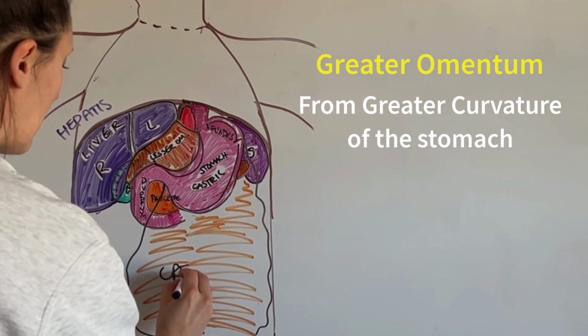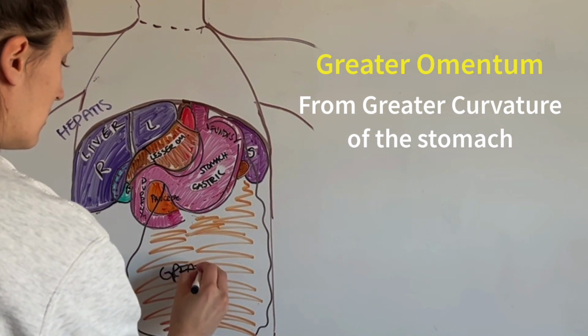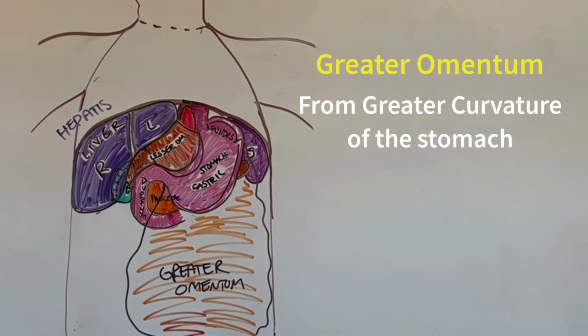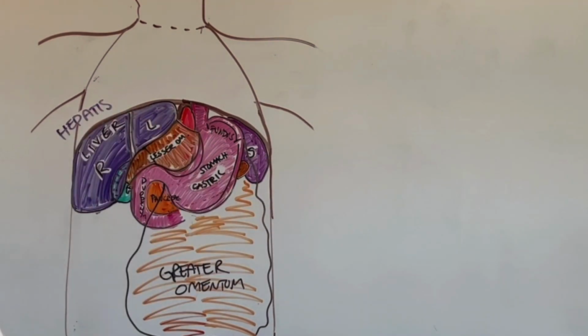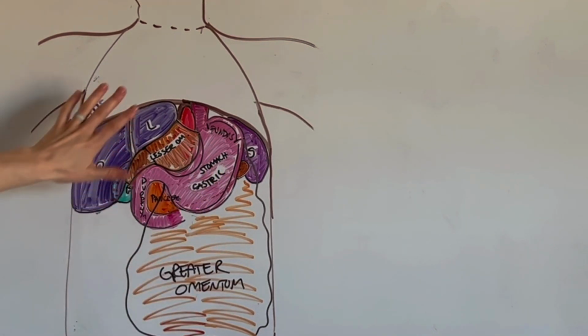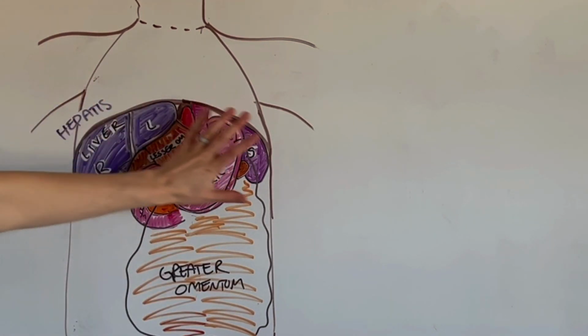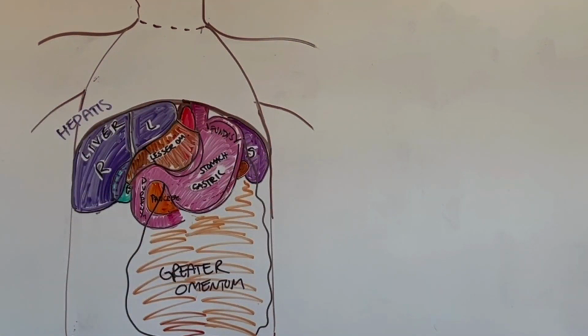Now, the only thing I can't show you in this picture is that the greater omentum also attaches to the transverse colon. So this is our setup so that we can talk about the celiac trunk first and all of its branches, because we need to know the celiac trunk in relation to these foregut organs.